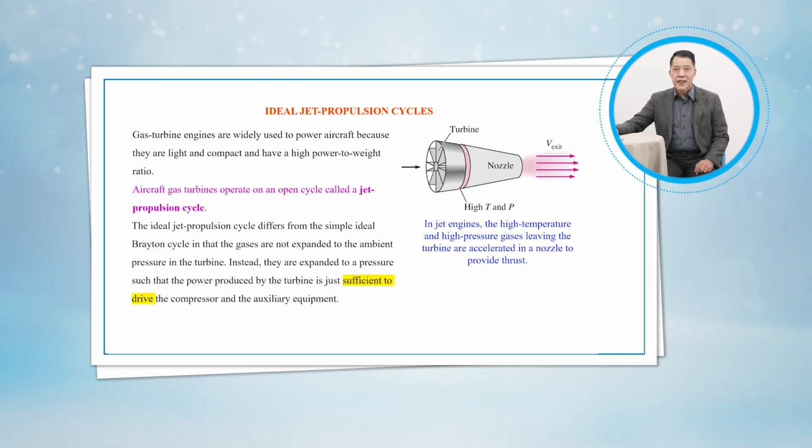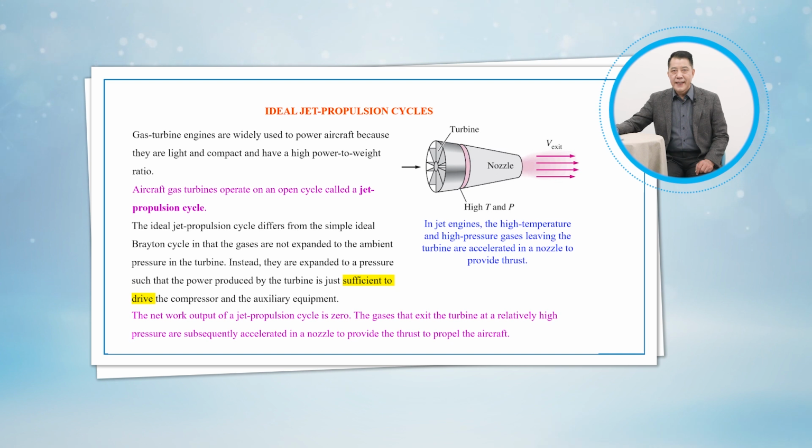The ideal jet propulsion cycle differs from the simple ideal Brayton cycle in that the gases are not expanded to the ambient pressure in the turbine. Instead, they are expanded to a pressure such that the power produced by the turbine is just sufficient to drive the compressor and the auxiliary equipment, such as a small generator and hydraulic pumps.